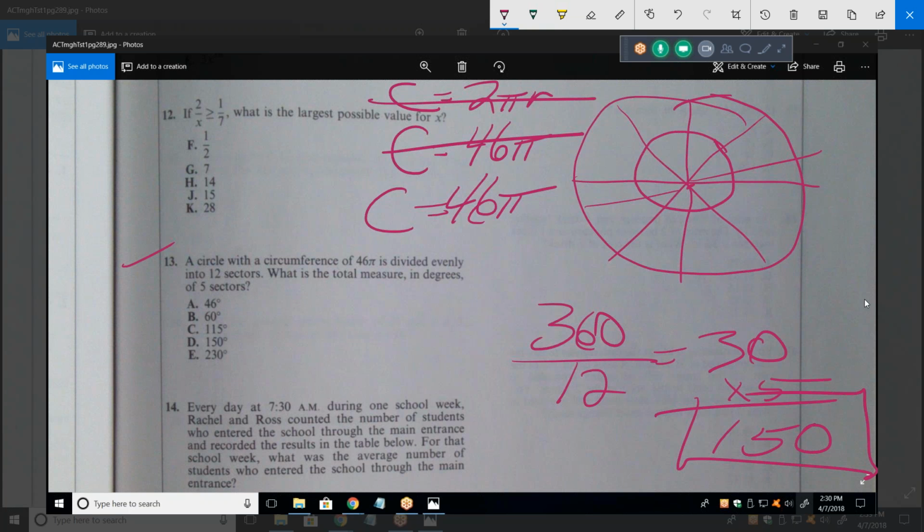What's meaningful here is to know that a circle divides into 360 degrees, and that if you took 12 sectors, you would have 30 degrees per sector, and now you have 5 sectors. So that's 150 degrees. This is a very easy problem.